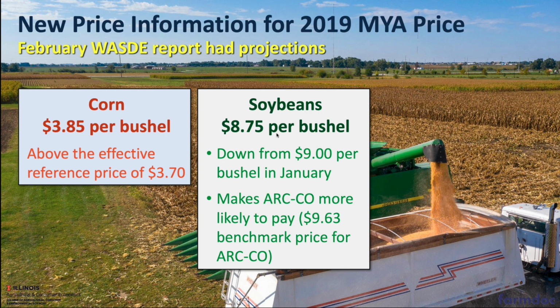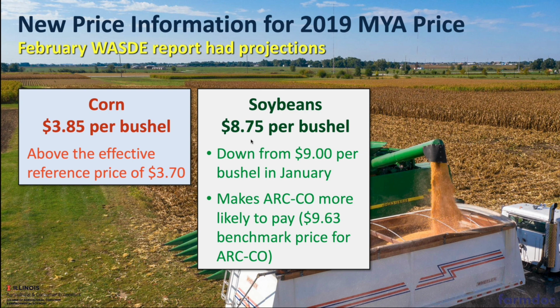One thing to note is as this price goes down, ARC County tends to make bigger payments because the benchmark price for 2019 on ARC County is $9.63. So as this price comes down, ARC County makes higher payments. Our reference price for soybeans is $8.40. It's very unlikely that our soybean price will get down to $8.40 for 2019.